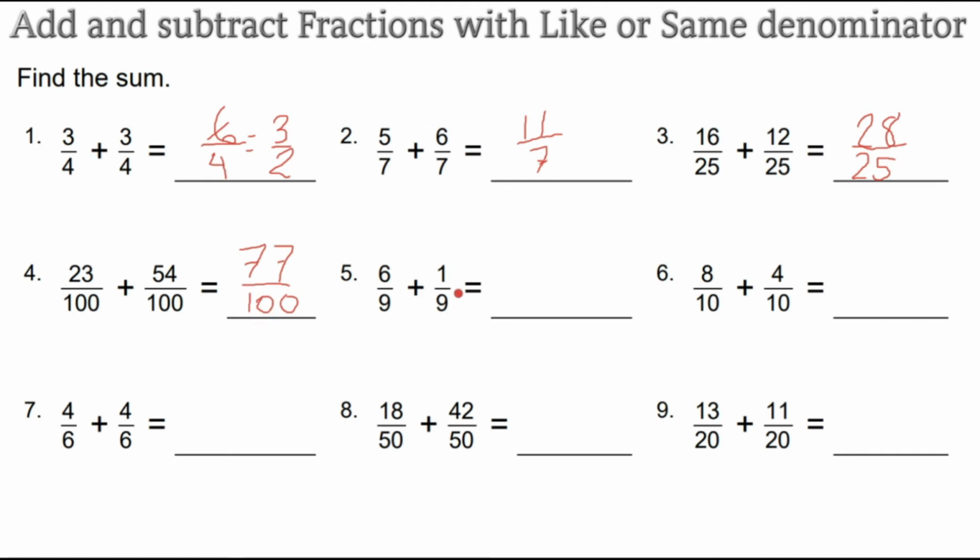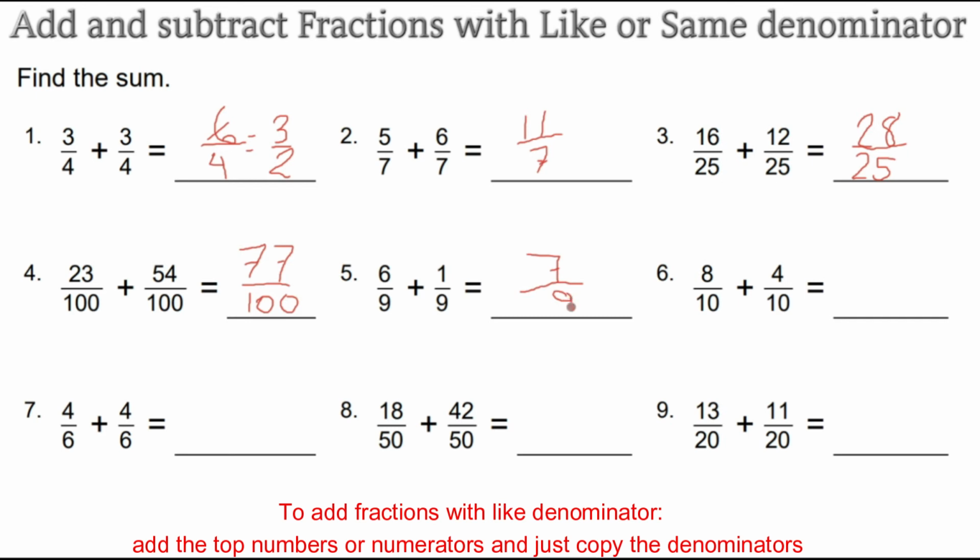Now we have here another regular fraction. 6 plus 1 is 7, and then 9 and 9, you don't add or subtract this, you just copy it. So 7 over 9. We have here two odd numbers. So can we simplify it? No. We leave it as it is. Again, we got here 8 over 10 plus 4 over 10. We copy the denominator, the bottom number, 10. 8 plus 4 is equal to 12.